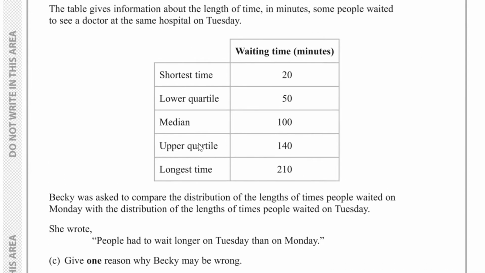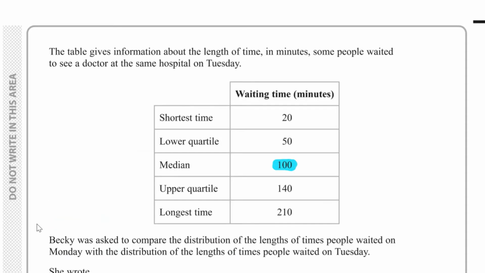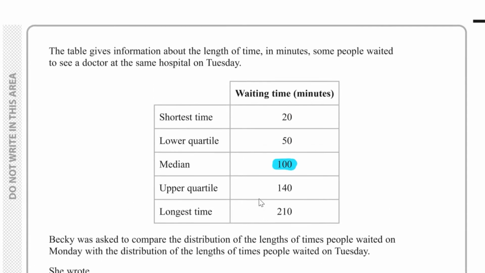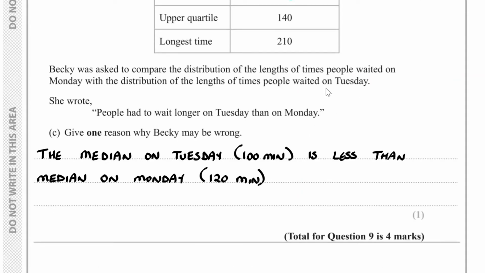Well, here we've got a median of 100, and the median we found before was 120. So one reason why Becky may be wrong, well, the median on Tuesday, which is 100 minutes, is less than the median on Monday.